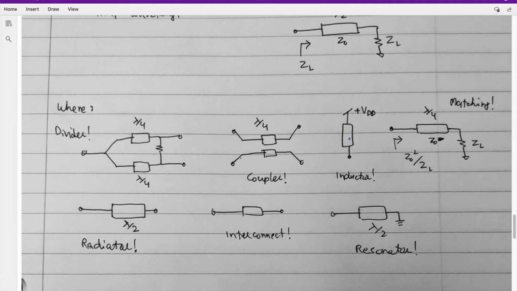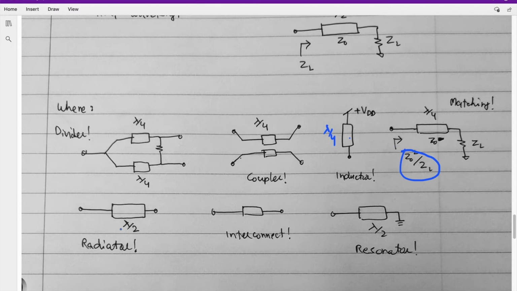If you use a quarter wave line and short one end, it can behave as an inductor. And if you make it quarter wave long, it can behave as an infinite inductor at that frequency. So it can behave as an RF choke, and you use it for biasing. If you have a quarter wave long line with this ZL, looking here you will see this impedance. So it can transform the impedance, and you can use it for matching.